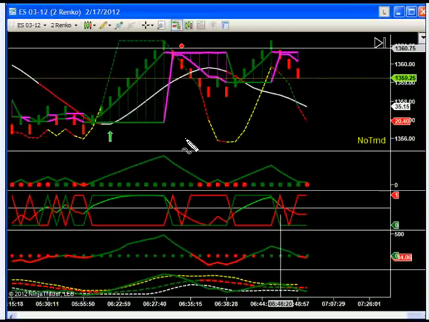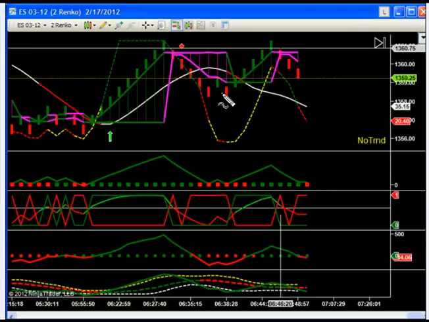Now, I took this screenshot after I got out of that trade right here, and I wanted to show why I really didn't get into this down move here, and that was because the DMI differential, even though the dots turned red here, stayed above those dots, never went below the dots, which indicated this was not any kind of a strong down move here.